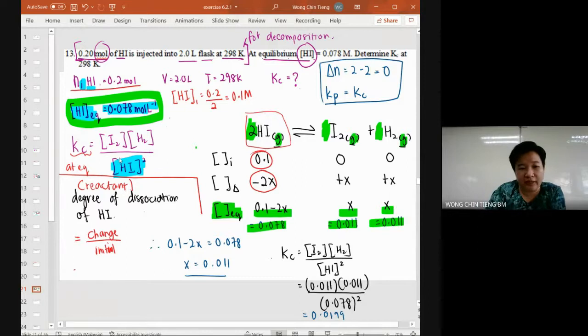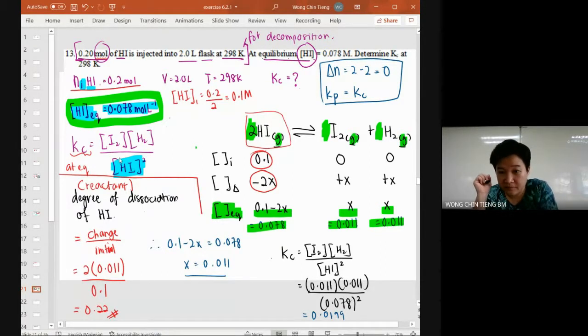So the change right now is 2x, which is 2 times 0.011 over the initial 0.1. And that is your degree of dissociation. Betul? And that is the answer if the question is asking for degree of dissociation.